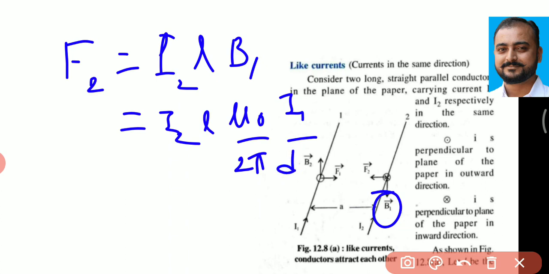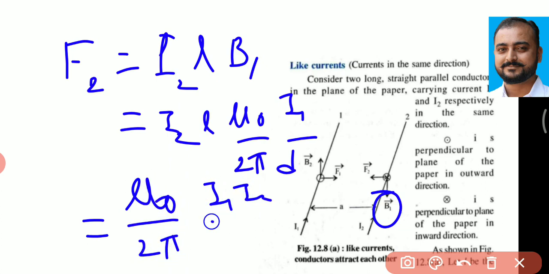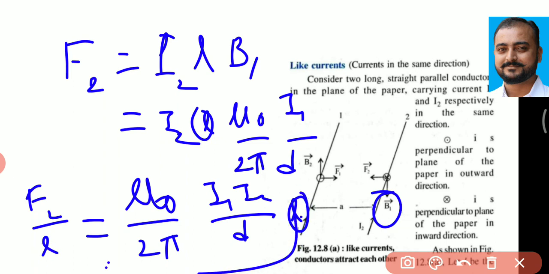So what is our formula? Mu 0 divided by 2 pi, I1 I2 divided by D, and the L again remains. But mostly the formula is considered as force acting per unit length, F2 divided by L. So this L comes here, and in your book it is represented as F dash, the force per unit length of the wire.